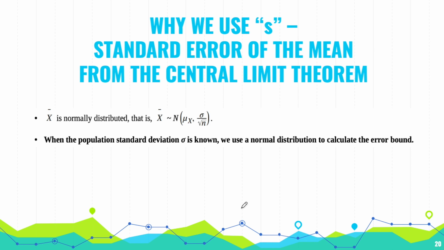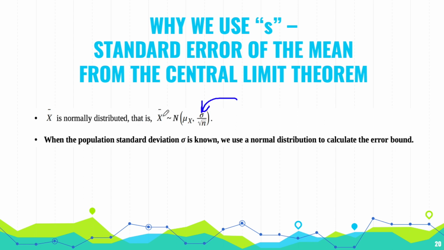So what we do is we use s, the standard error of the mean that comes from the central limit theorem. We take that known population standard deviation, and then we divide it by the square root of n, and that's what creates s, the standard error of the mean. And that comes from the central limit theorem, right? Our sampling distribution of the means is normally distributed.